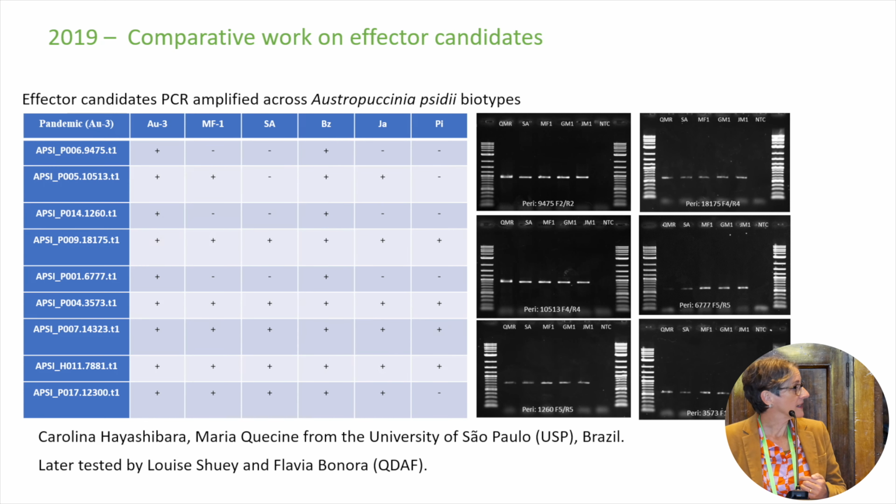But more recently, Louise Shuey and Flavia Bonora have been running the same set of tests, and we don't see a lot of difference in these particular regions that we initially chose based on the sequences. So that's not a good clue to identify strains, but that was something we were testing.